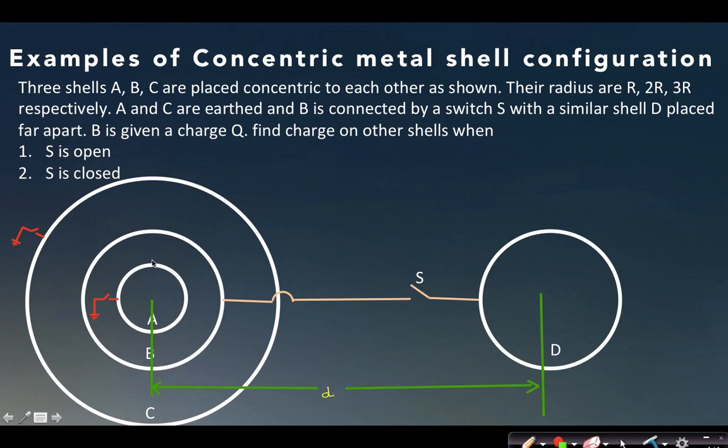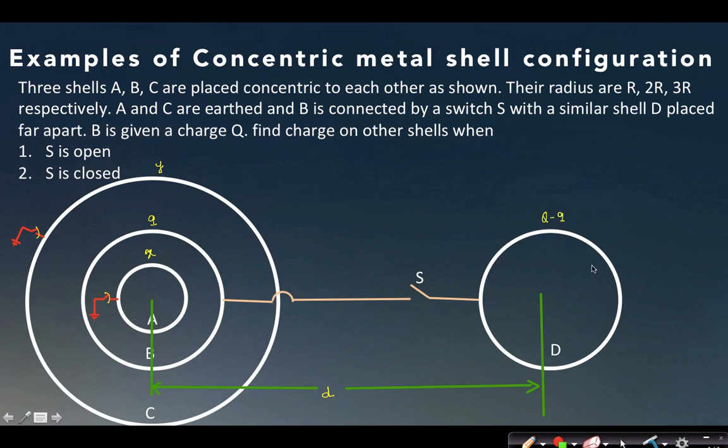As I have assumed the charges on these shells after closing the earth switch are X, Y and small q like this. So the charge on this will be capital Q minus small q.